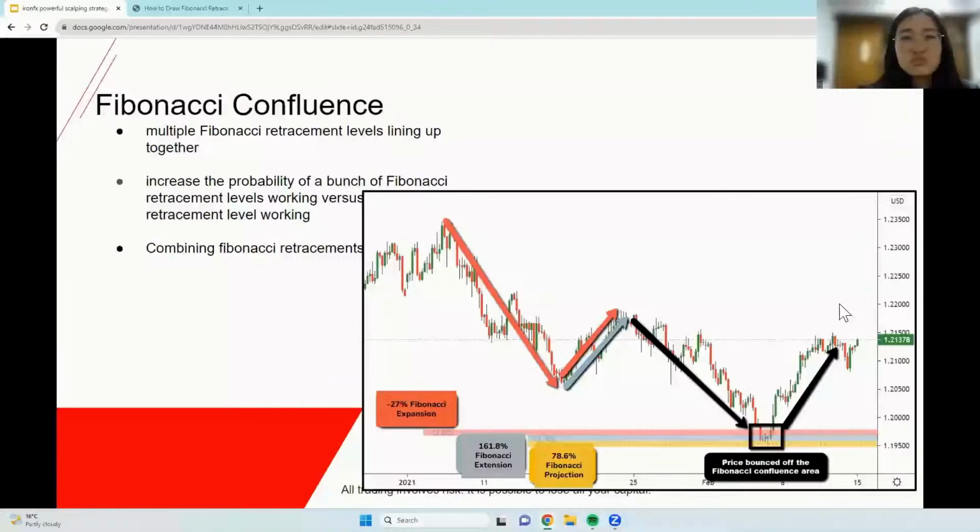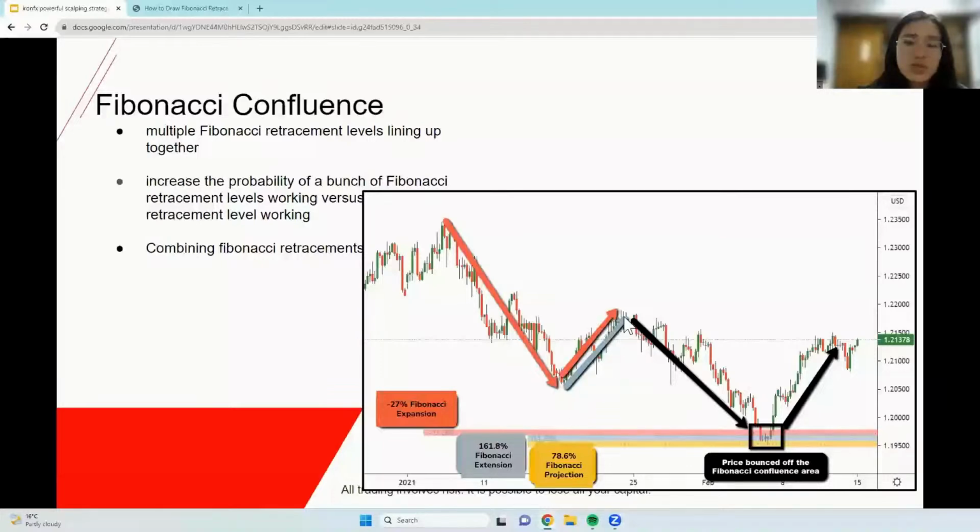Maybe just to break it down for you guys, for the minus 27% Fibonacci expansion, we're looking for a flash or lightning bolt kind of shape. You can see that over here. For the Fibonacci projection, similarly, we are also looking for a flash shape. That's why I said these two can likely be used together normally.